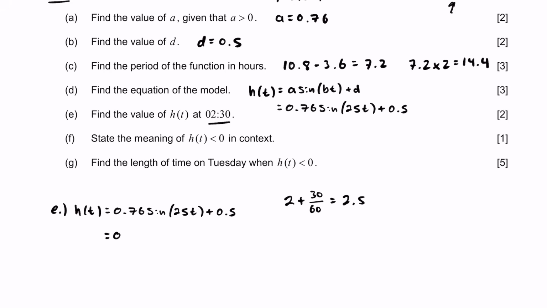So this would be our input: 0.76 sine 25 times 2.5 plus 0.5. All right. So input value of t of 2.5 hours, and let's find the height at that point.